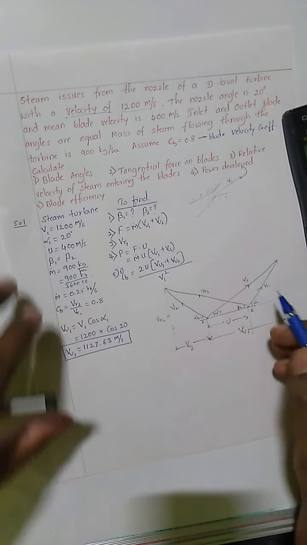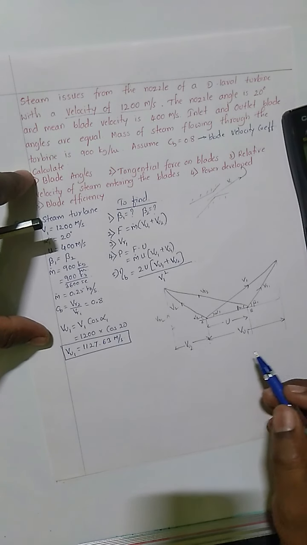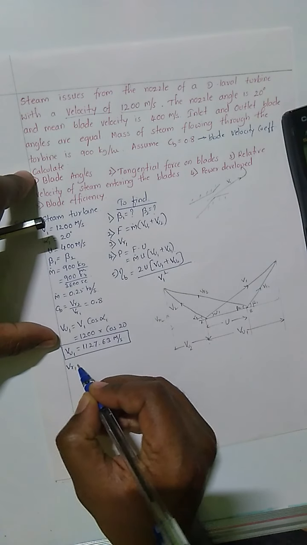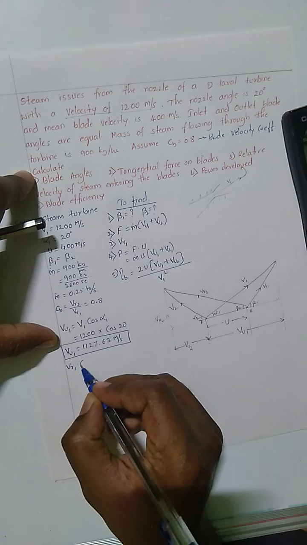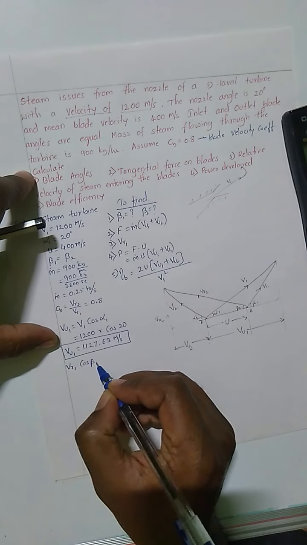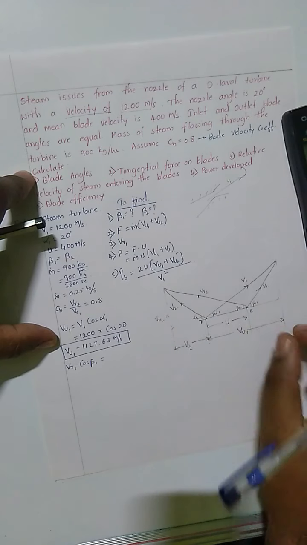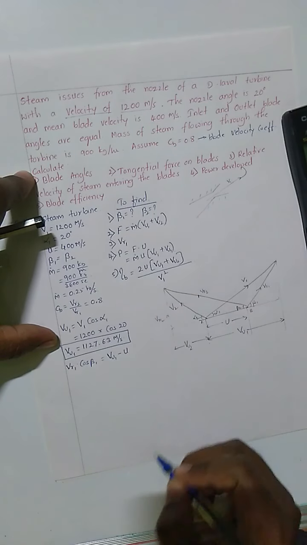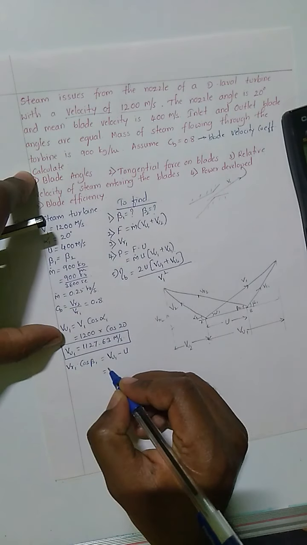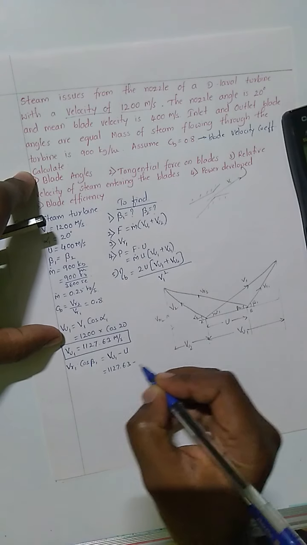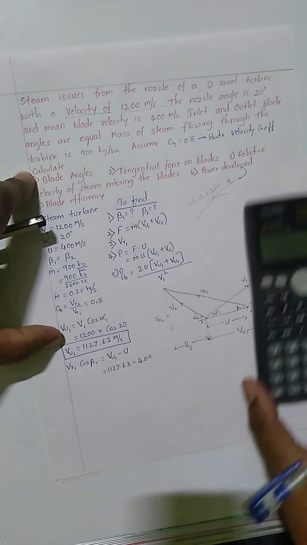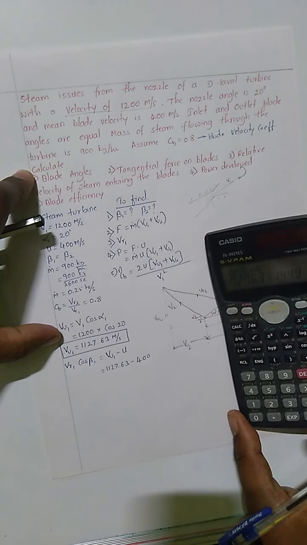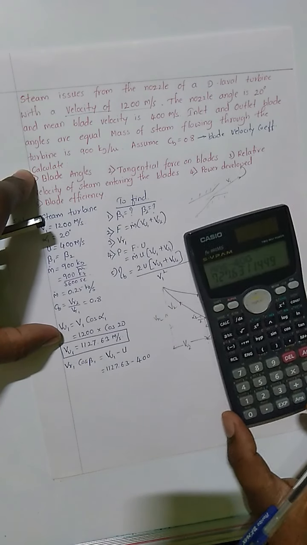Now let me find this VR1. What is this distance? VR1 cos beta 1 is this distance, VU1 minus U. VU1 is 1127.63 and U is given as 400, so it is 727.63.